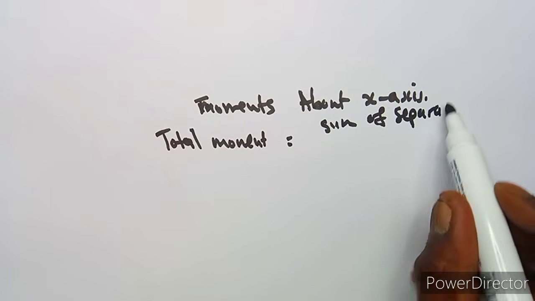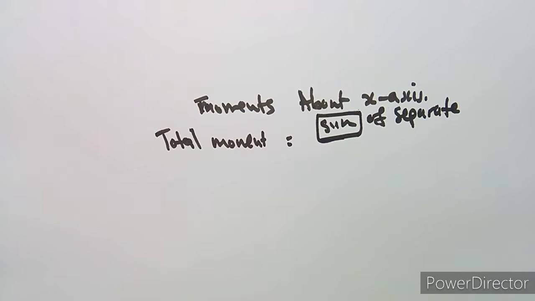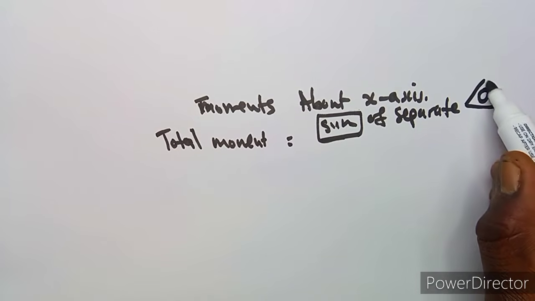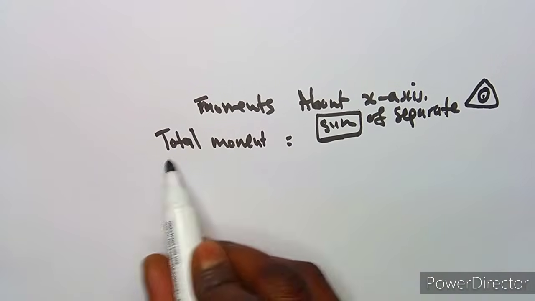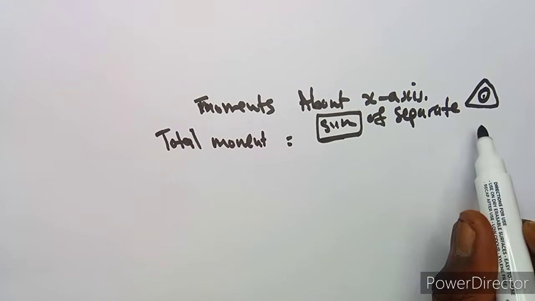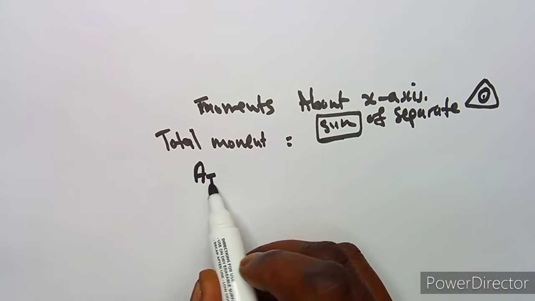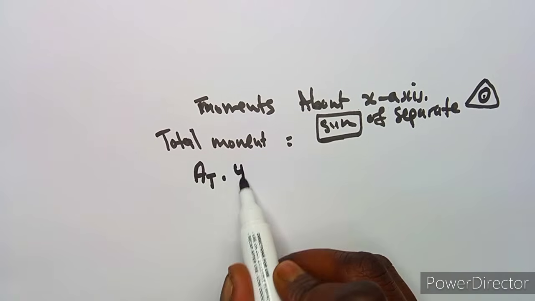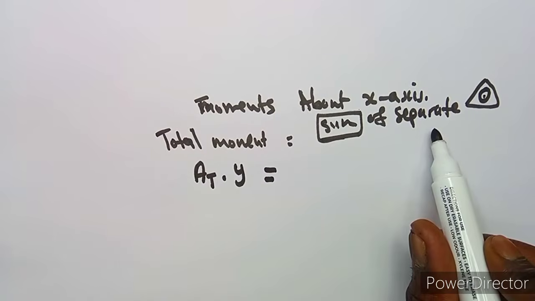You have to consider the diagram: if there is a hole, you subtract it. For the total moment, remember, it is just the total area times the value of y that we want to calculate, which is equal to the sum of separate parts.